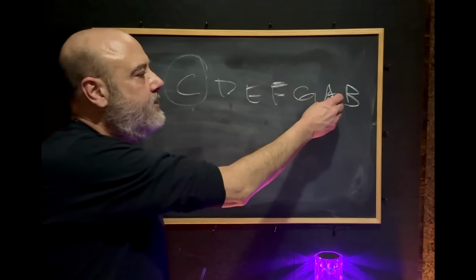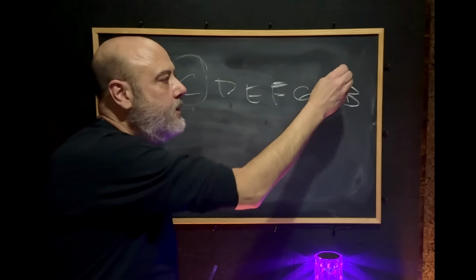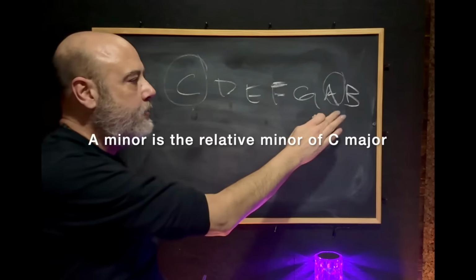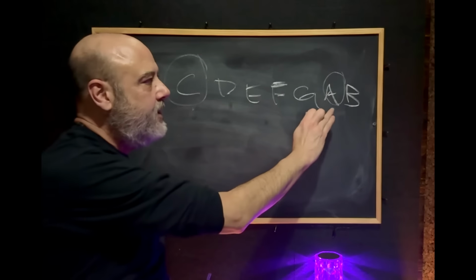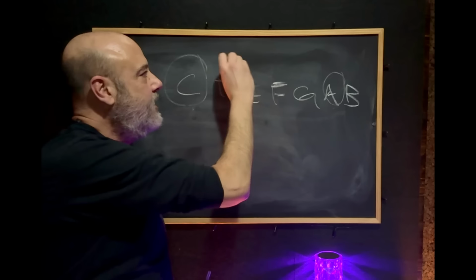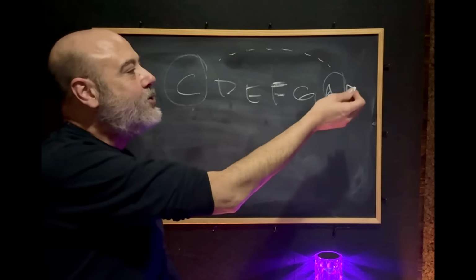So even the Aeolian mode is the relative minor of C major. A minor exists on its own, and C major exists on its own, but A minor and C major share the same notes, because you could almost say this is the other parent or the uncle or aunt.